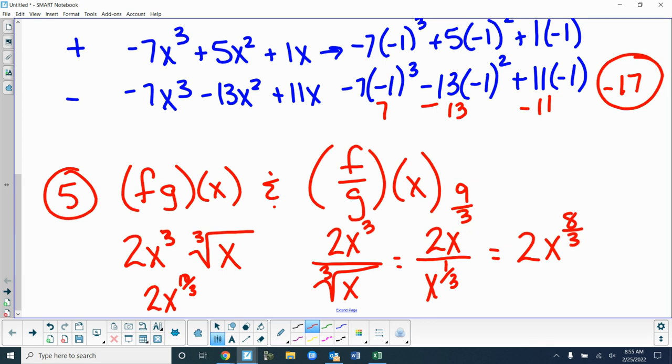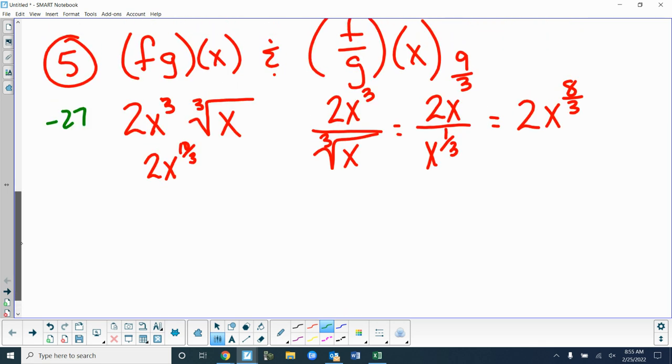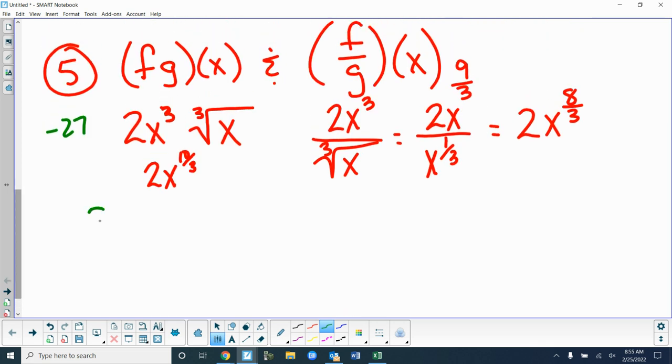The number for number 5, plug in for x, was a negative 27. So if you want to do it the first way, that's fine. All right. You can just put that in your calculator if you want.